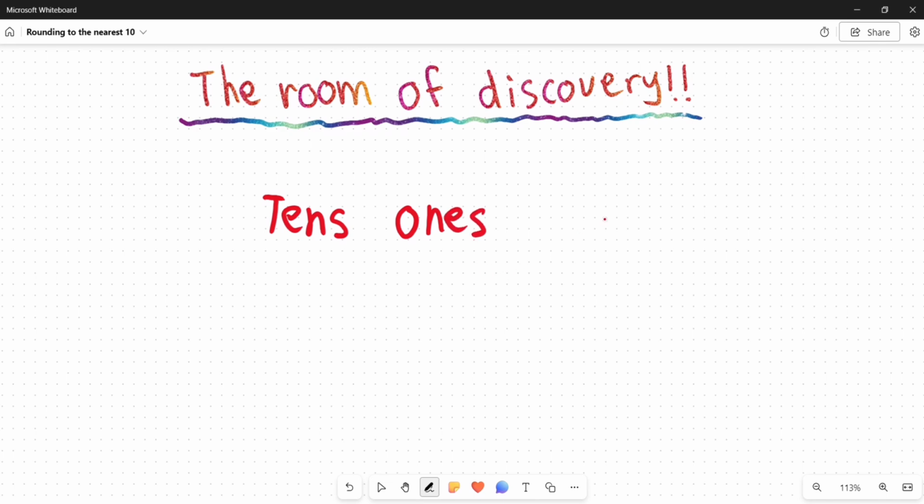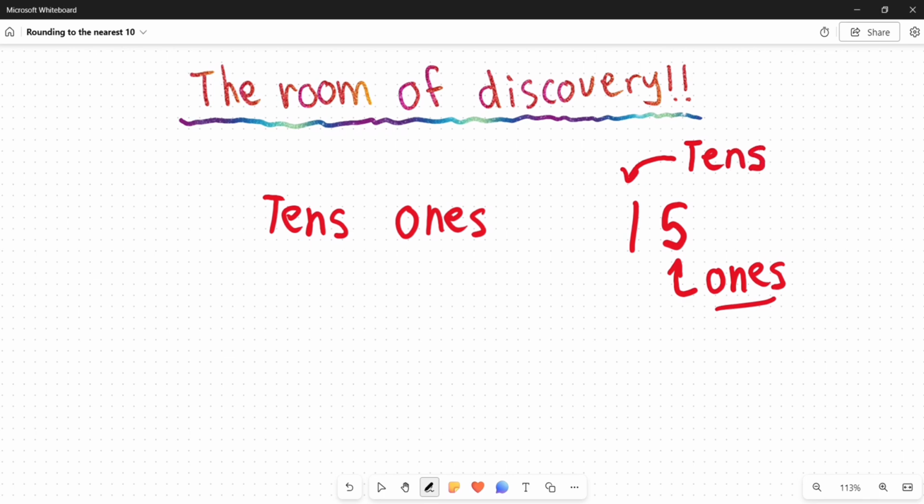Let's say you have the number 15. The number at the end is always the number in the ones place, but the number at the front is always the number in the tens place.